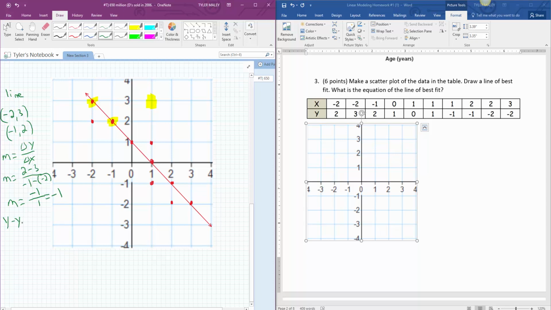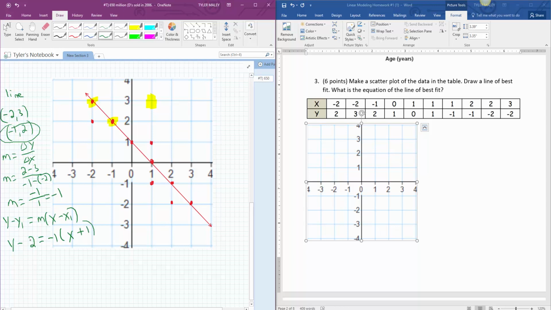Then we could use point slope form: y minus y1 equals m times x minus x1. We could plug in a point with my slope and come up with the equation of the line. I'll use this second point to plug in. So we'd have y minus 2 equals our slope, -1, times x minus -1, or +1.